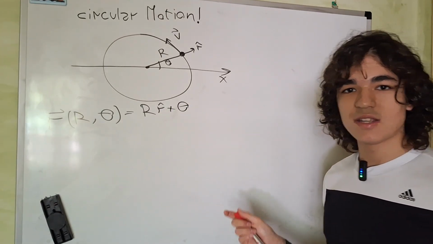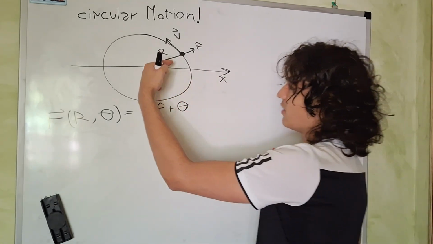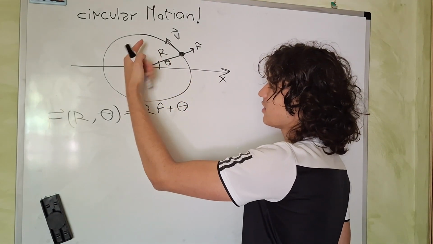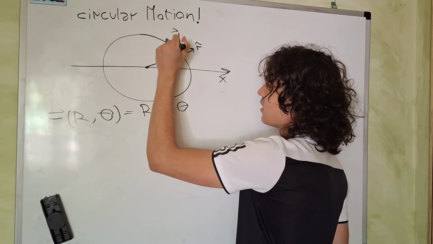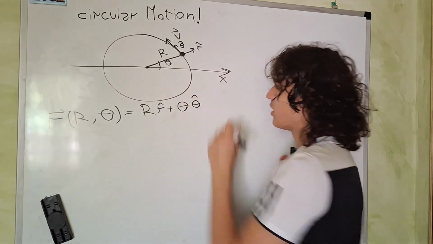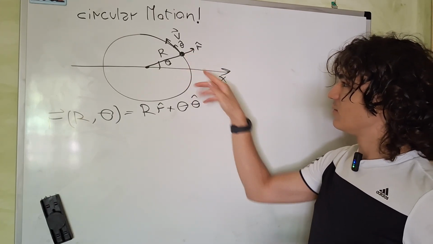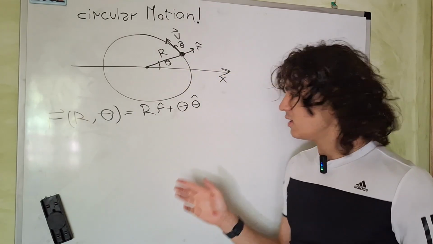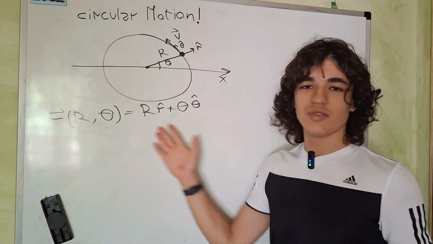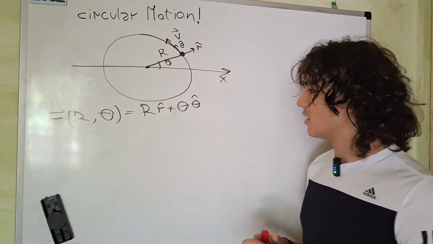In what direction? In the direction the particle is moving. So if theta increases in this direction, this is our unit vector for the theta angle. Now, it might seem counterintuitive to have a unit vector for an angle, but that's just a convenient way to represent what's going on in polar coordinates.